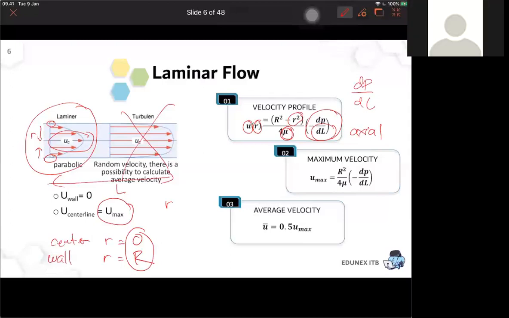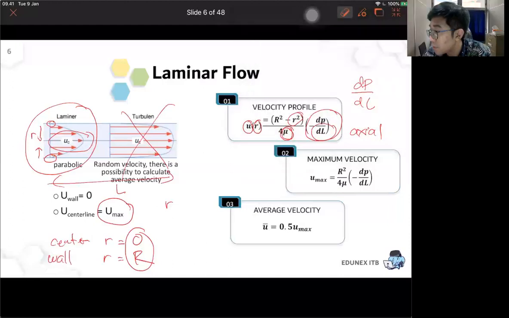What is P again, sir? Is that pressure? Pressure, yeah. Along the pipe, the pressure will be different. Why is the pressure different? Because the fluid experiences friction. Okay, so maximum velocity means in the center of the pipe when r equals 0.